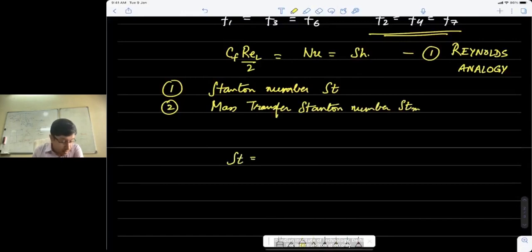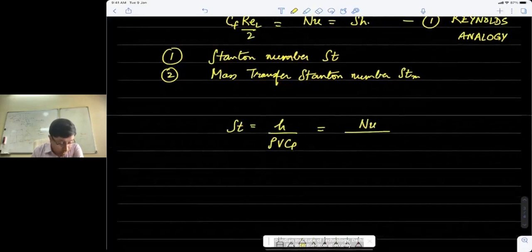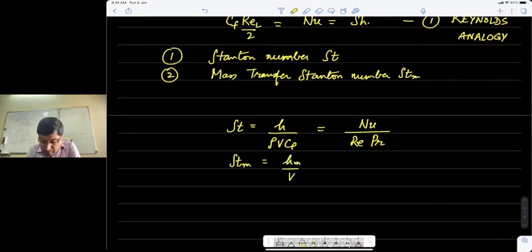The Stanton number is h by rho v cp, where v is a velocity, not volume. Please keep that in mind. It can be written in terms of the Nusselt number, Reynolds number and Prandtl number. The mass transfer Stanton number is just hm by v, which can be written as the Sherwood number by Reynolds number and Schmidt number. These are the definitions of these two numbers.